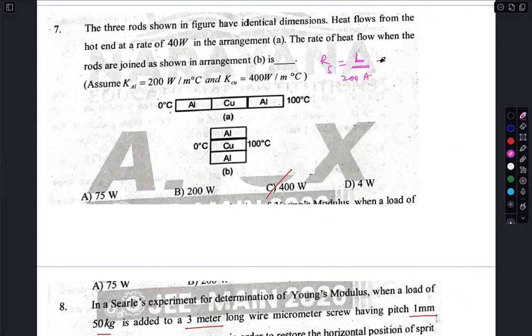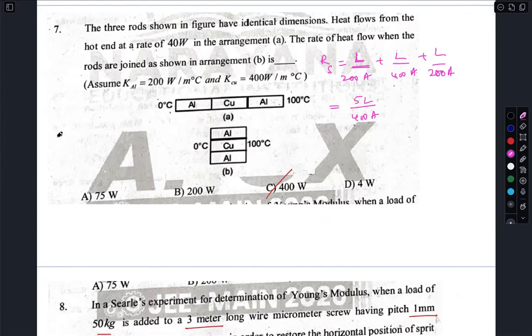200 A plus L by 400 A plus L by again aluminum 200 A. Just it's 400 A LCM, 2 plus 1 plus 2, 5L. Okay, leave it like this.